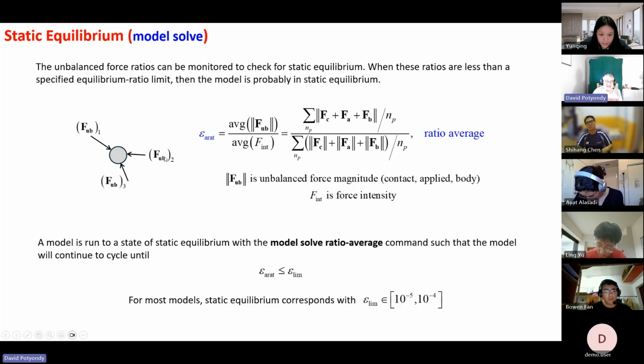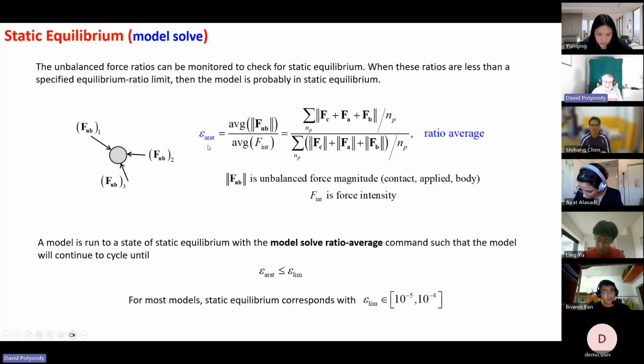So what you're basically going to do is say, let's look at the unbalanced force on a particle, and let's divide it by something so that the ratio gets small when we get near 0. What we're going to divide it by is the sum of the magnitudes of these forces. We sum up these forces as a vector, take the magnitude of that vector, and divide it by the sum of these lengths.